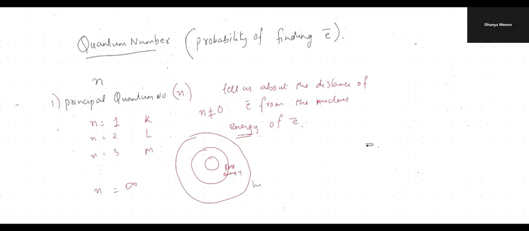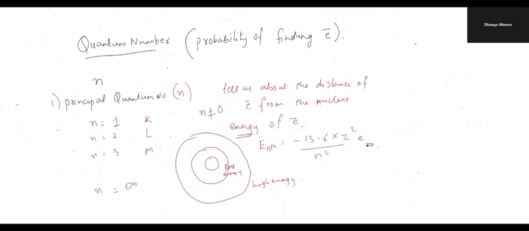They also tell us about the energy of the electrons in different orbitals. Now, we already studied this formula: energy of the electron in the nth shell is minus 13.6 times Z square by n square electron volt.